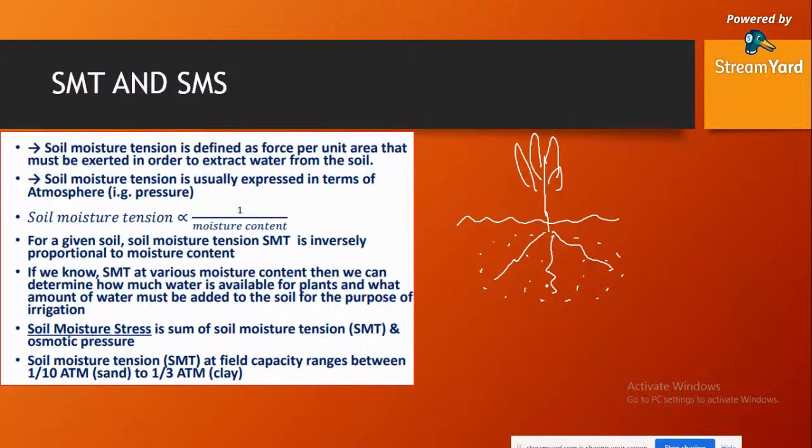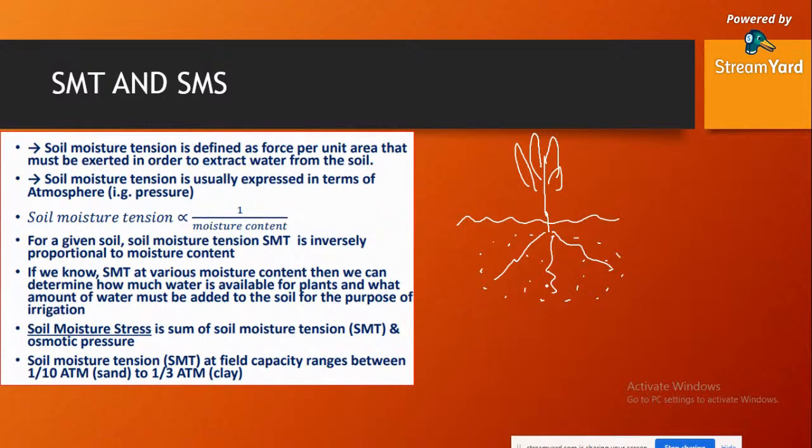If the moisture is present plentifully in the voids, the plant has to apply less force to extract the moisture. So if the moisture content is very low in the voids, then the plant root has to apply much more force per unit area to extract the water for its growth.